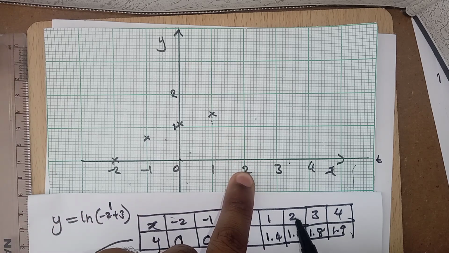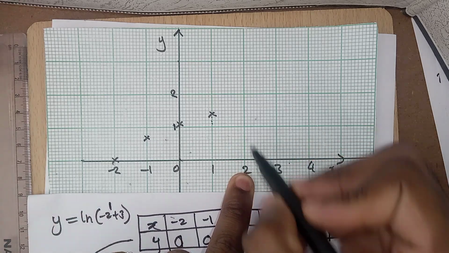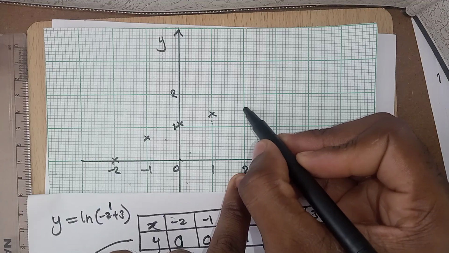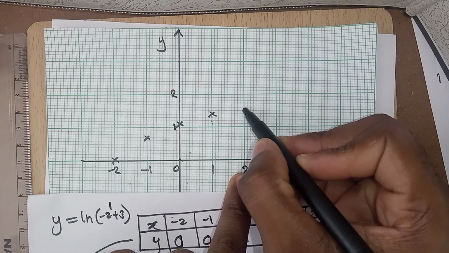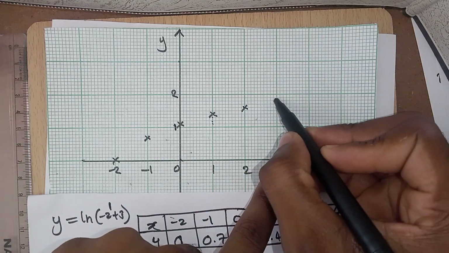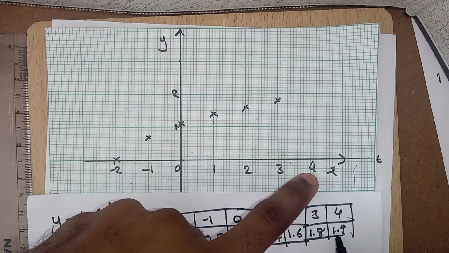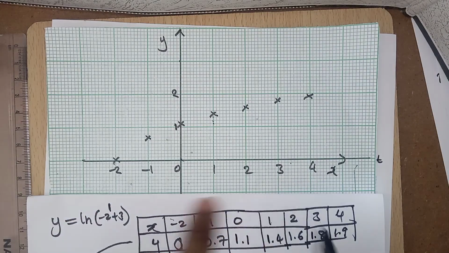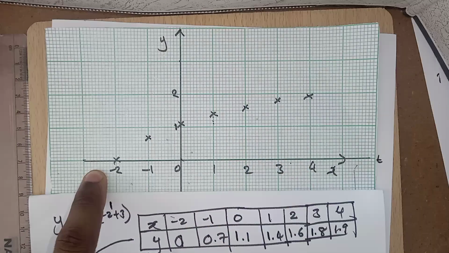So when x is equal to 2, y will be 1.6. So my 1.6 is somewhere there. Then 3, 1.8. 1.8 is there. 4, you have 1.9. So you may not even need all these points.